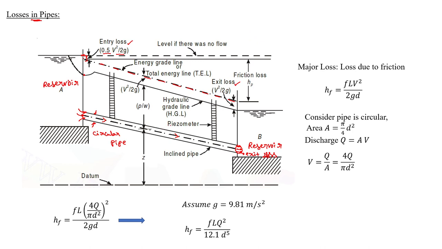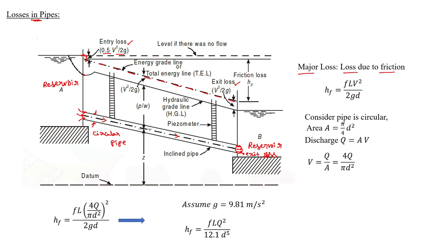Based on the amount of loss. If we compute the energy loss due to friction, it is much higher than the energy loss due to the entry loss and exit loss. Because there is a difference in the quantity, it is divided as minor loss and major loss. On the right side of the slide I have written major loss, which is loss due to the friction.